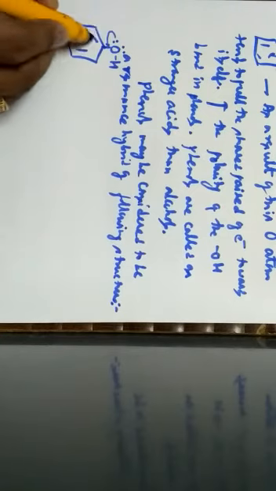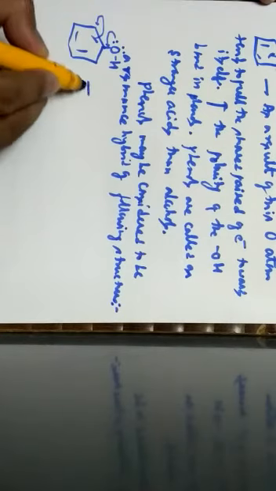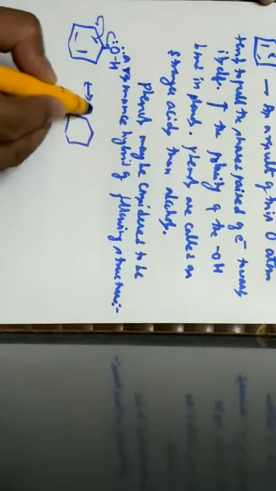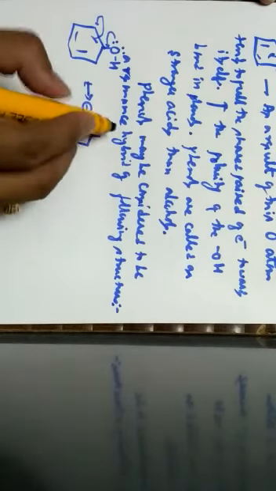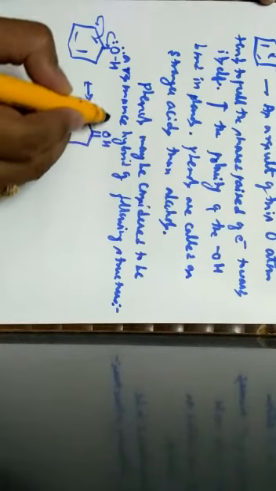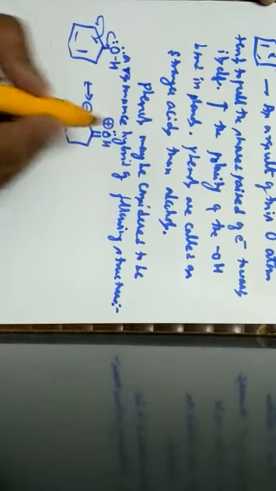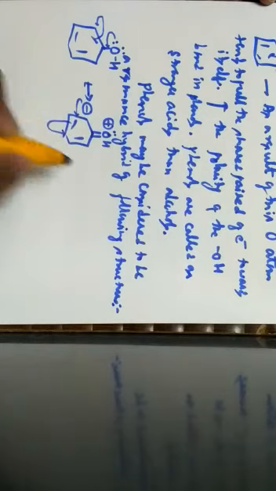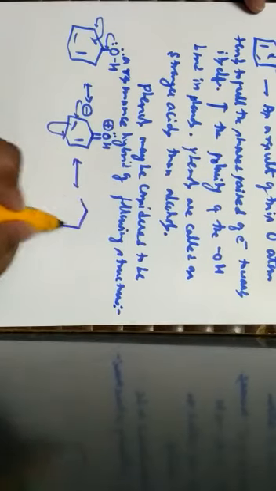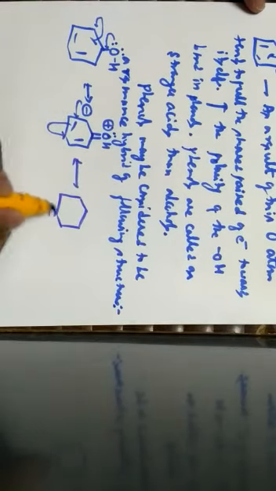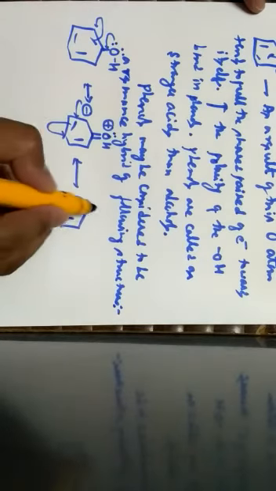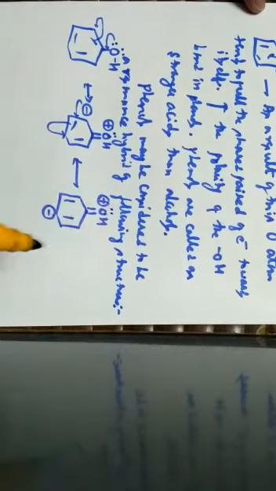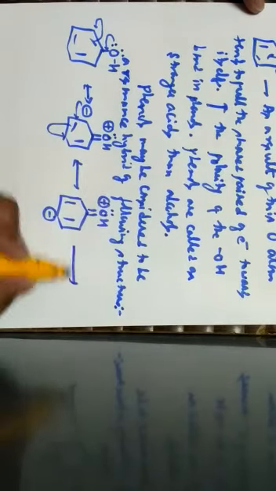When one set of lone pair migrates here, these electrons shift here, so that I can write it as this position becomes electron rich, with a double bond with O and H, a positive sign on oxygen, and one set of lone pair. Again these electrons shift inside the benzene ring. These electrons will shift to this position. Hence I can write it as this will be negatively charged with a double bond to OH with one set of lone pair along with a positive charge.